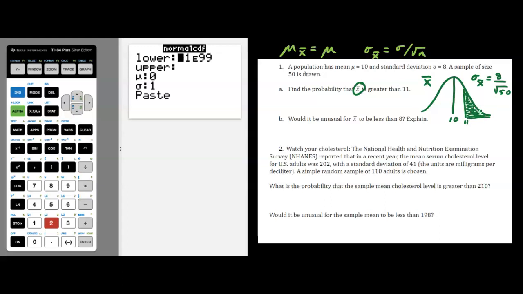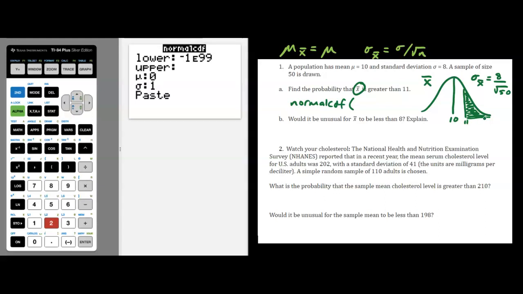To find an area of a shaded region like this, or to find a probability just like we did earlier in this module, we're going to use normal CDF. So we're going to go to the normal CDF tool in the calculator, and enter the prompts: the lower bound, the upper bound, mean, and standard deviation, this time paying particular attention to what we're entering for the mean and standard deviation.